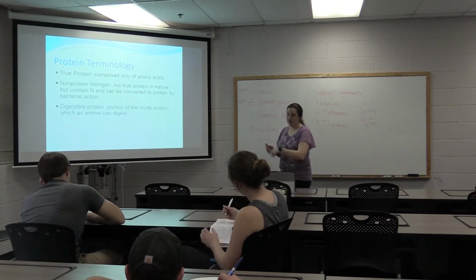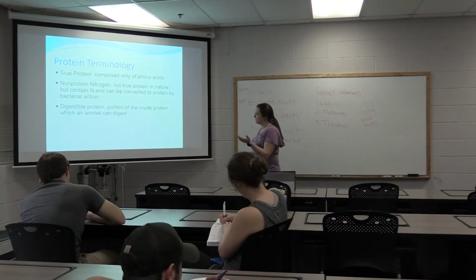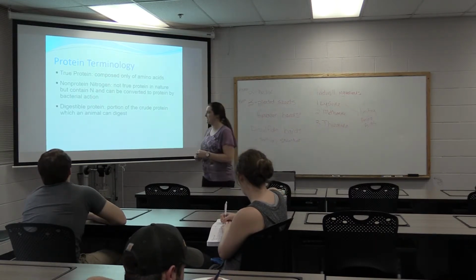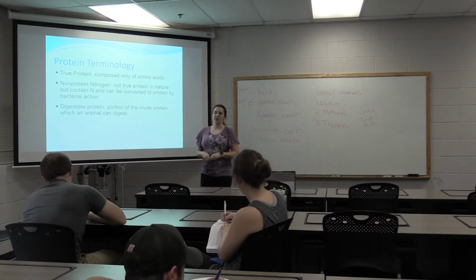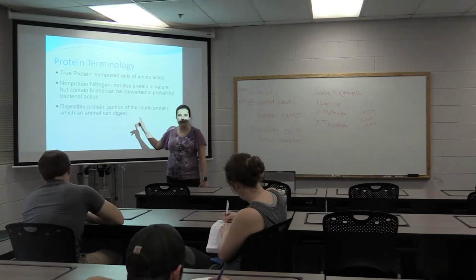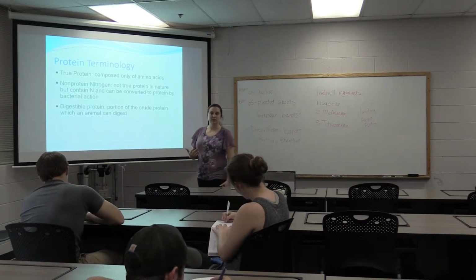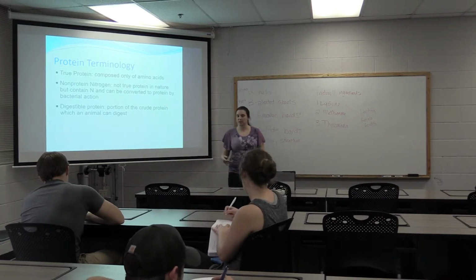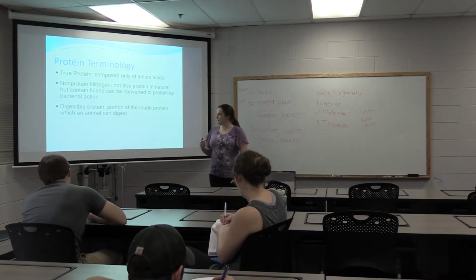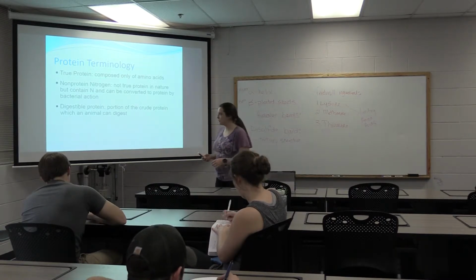Then we have what's called digestible protein. This is the portion of the crude protein which the animal can digest. For the study we're doing for class, one of the things we're determining is how digestible that insect meal is, since it's supposed to be a protein source. Not everything is 100% digestible.